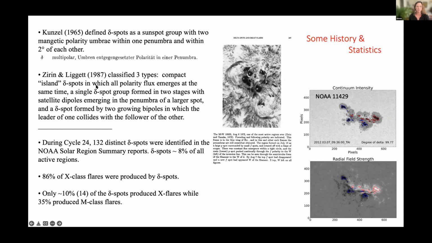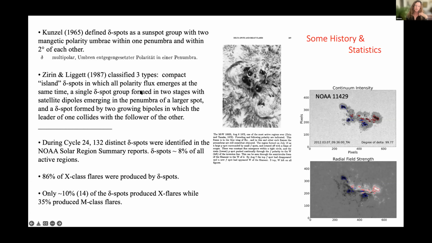That's one type. The second type would be a single delta spot formed in 2 different stages. So you have a flux emergence of a large spot, and then another flux emergence, and an opposite polarity umbra appears in the penumbra of the original spot. And then thirdly, they had a category of delta spots formed by 2 growing bipoles in which the leader of one collides with the follower of the other, which is an example that I just showed you in the movie before.